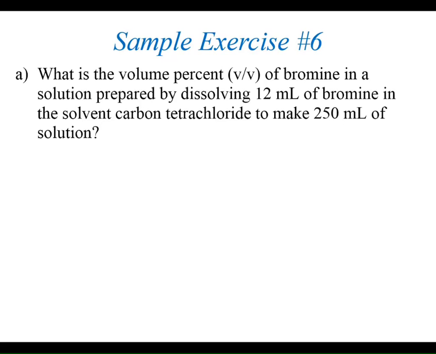Let's just do one. What is the volume percent of bromine in a solution prepared by dissolving 12 milliliters of bromine in the solvent carbon tetrachloride, making 250 milliliters of solution? So part over the total times 100. Which one goes on top? 12 milliliters of bromine. What's my total solution?